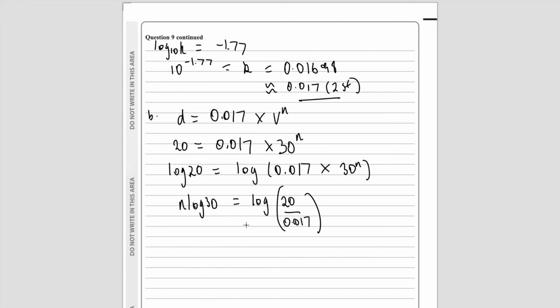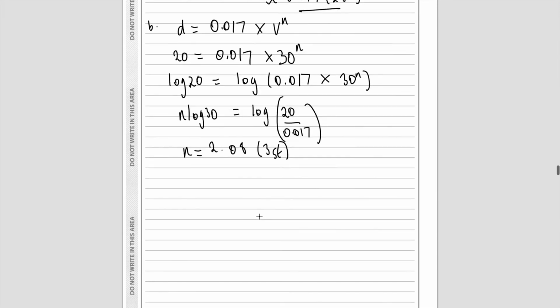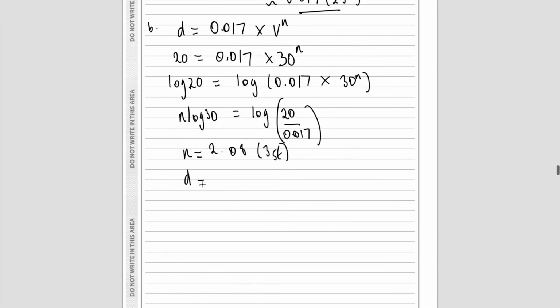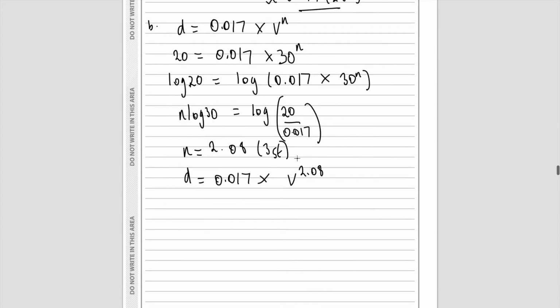And then we divide both sides by log 30 to give a value of n as 2.08 to three significant figures. And then just writing that out in its full form, we know that d is going to be equal to 0.017 multiplied by v to the power of 2.08. And that should be the answer to part B.